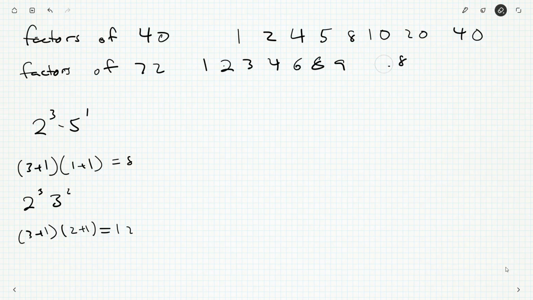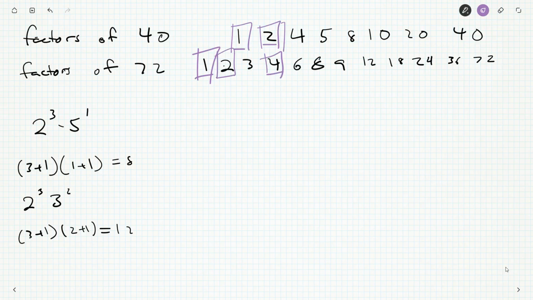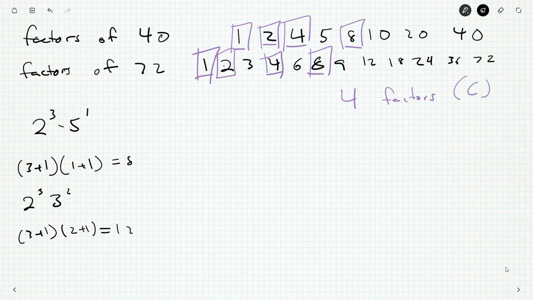We'll write these numbers a little further apart. 12, 18, 24, 36, and 72. So now we just go through with a pen and say, okay, 1's on both lists, 2's on both lists, 3 isn't, 4 is, 8 is, and we check, there's nothing else, so 4 factors. And once again, we could write C as our final answer.